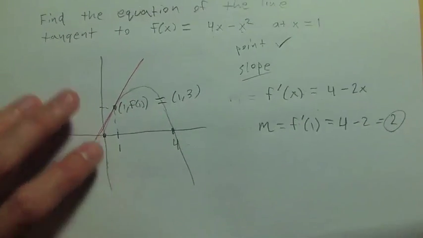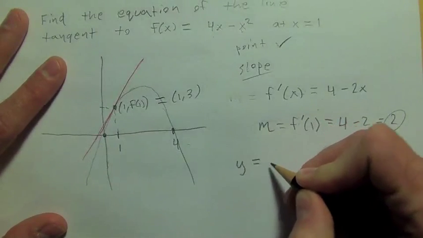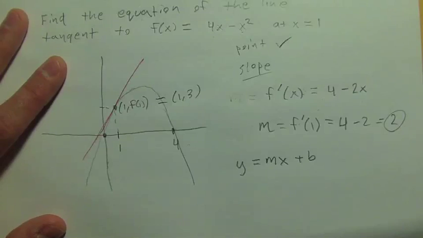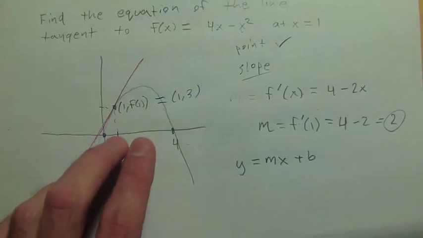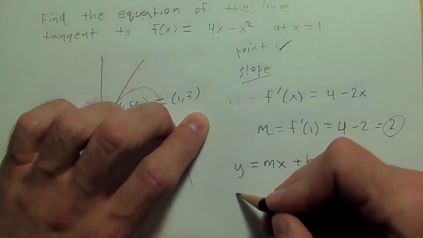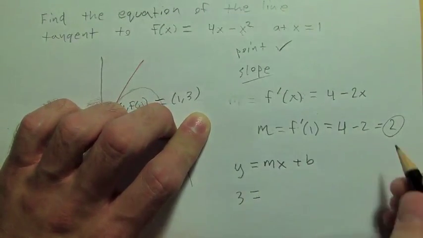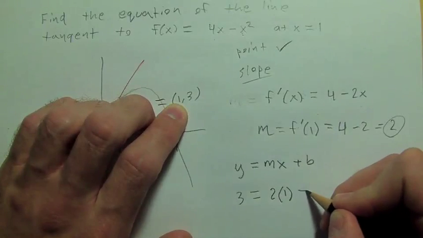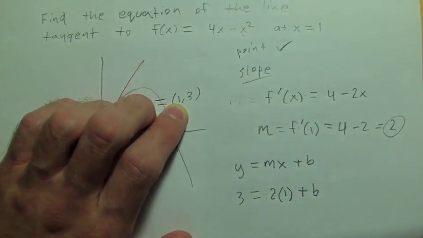All right, so now we're going to put it in this formula, y equals mx plus b. We have our point, 1, 3, so I get 3 is equal to the slope, which is 2, times the x value, which is 1, and then we solve for b.